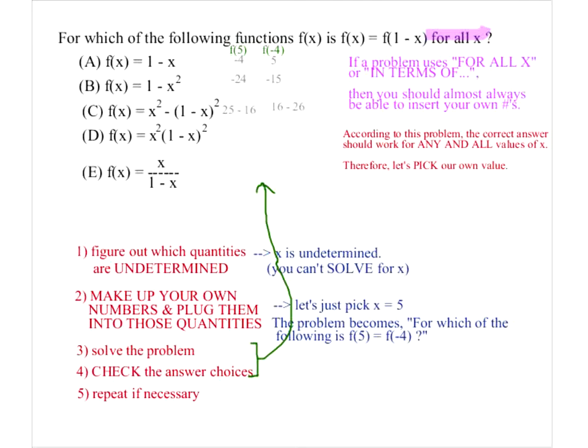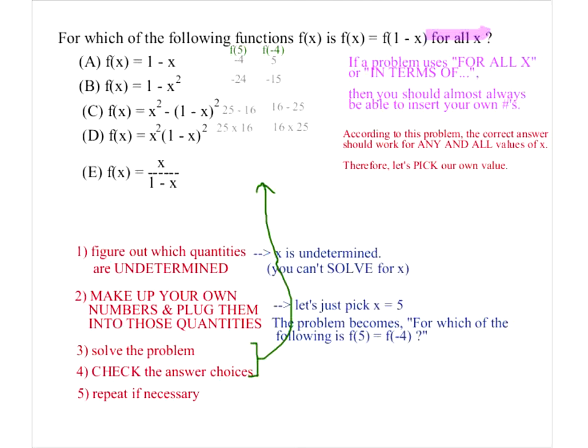Those are not equal. Sorry, I had to type them. With D, f of 5 is 25 times 16, and f of -4 is 16 times 25. Now notice we're not done.